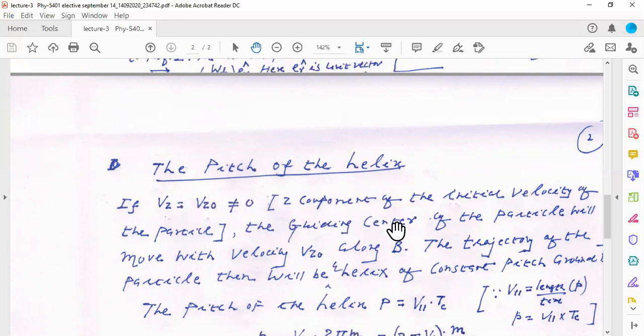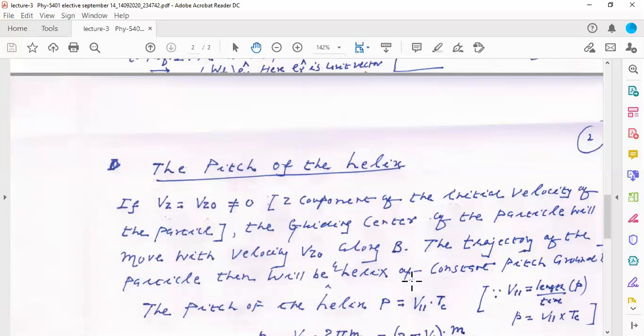Then the guiding center, that is the center x0, y0 of the particle, will move with the velocity vz0 along B, because of the parallel component vz0. So please remember, if vz0 is not equal to 0, the guiding center of the particle will move with the velocity vz0 along B, and the trajectory of the particle will be a helix of constant pitch.